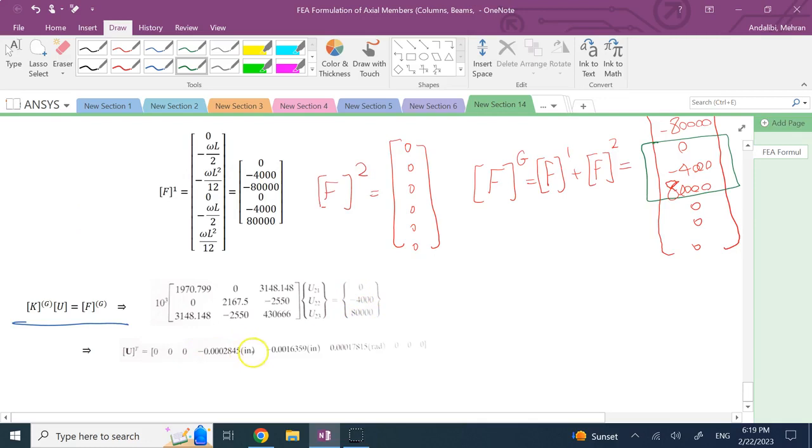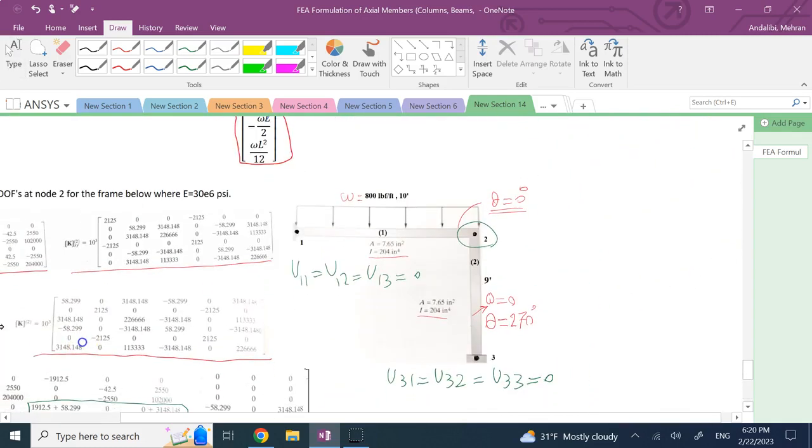If you solve for it, you can get the 3 U's, U21, U22, and U23. And again, you see the 21 and 22, the horizontal and vertical or axial and transverse displacements are in inches, and the rotation is in radians. So here we can exactly determine how the beam is moving, and you see it's moving in negative X and negative Y direction.